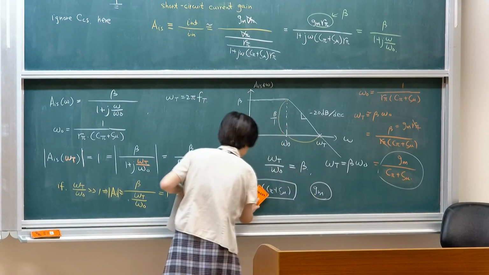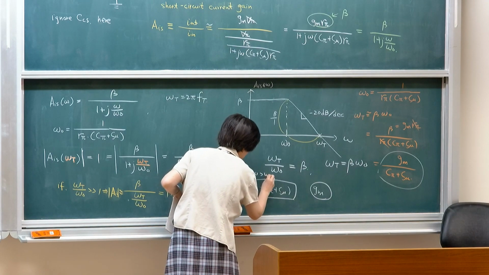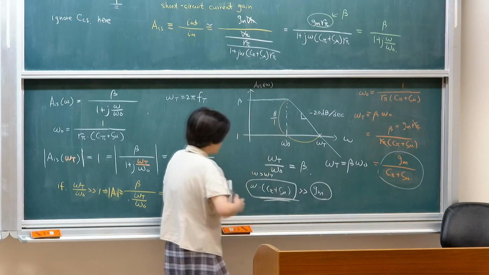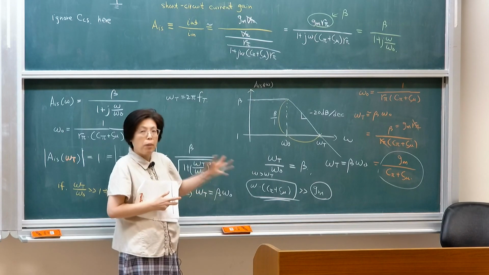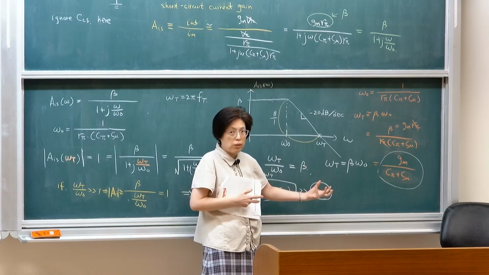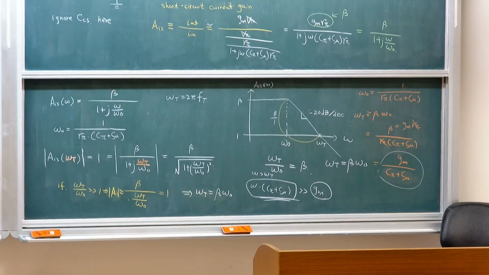What happens is that when frequency exceeds omega t, the amount of current used for charging your parasitic component becomes larger than what is controlled by the transistor. Then there is no longer a transistor effect, and your current gain will be degraded. That means you need more to charge up the device than what you gain by transconductance.